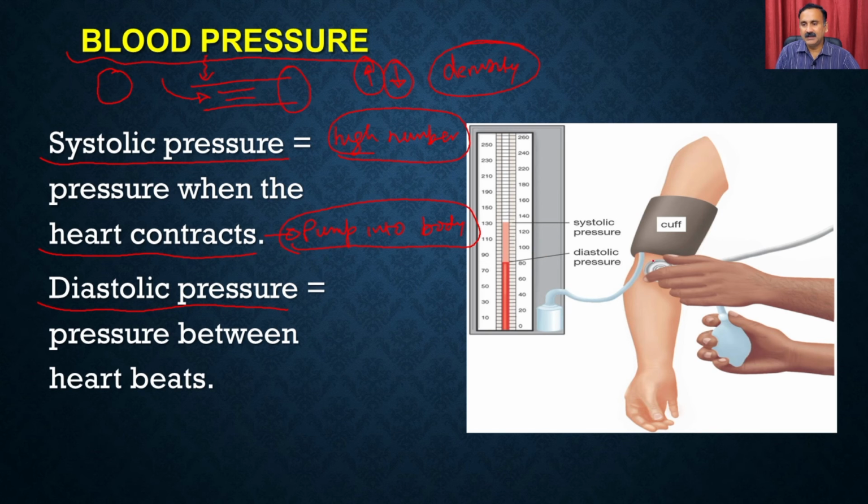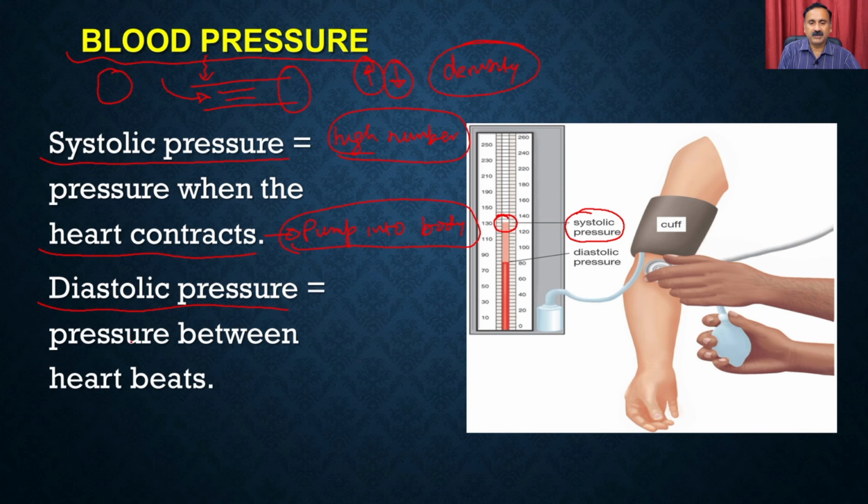If we put the blood pressure monitor on the arm, what you see here is the top number. The top number, which is the higher number, is called the systolic pressure.